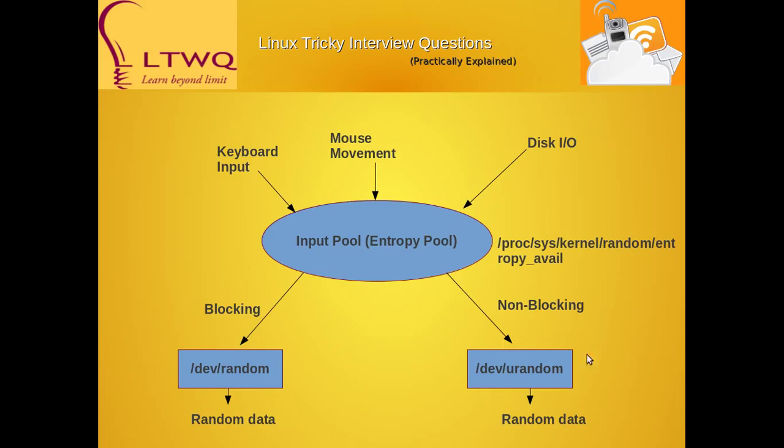Whereas /dev/urandom will not block the random data generation process if the input pool gets exhausted. It will continuously generate the random data.